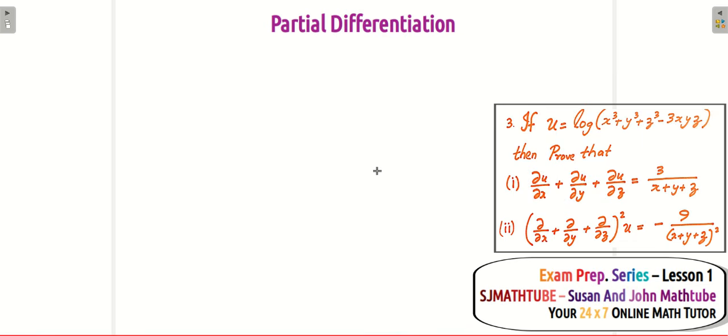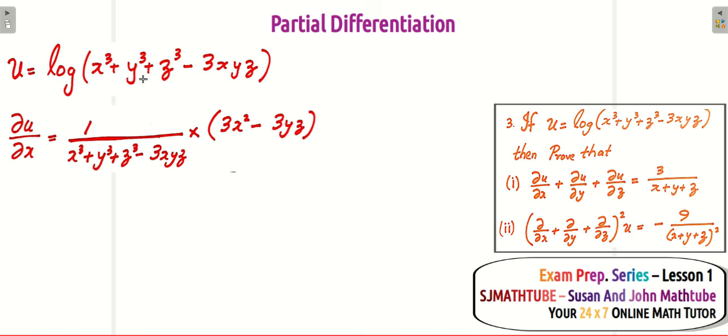Anyway, let's start. So, look at this. U is equal to log x cube plus y cube plus z cube minus 3xyz. By the way, what is the derivative of log x? I mean ordinary derivative, ordinary differentiation. It's 1 by x. So what might be the derivative of log something? That will be 1 by the same quantity.